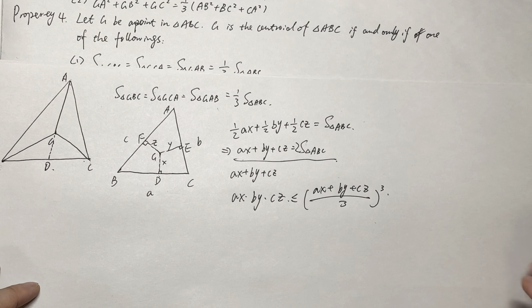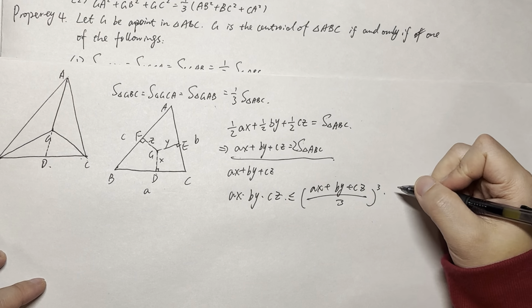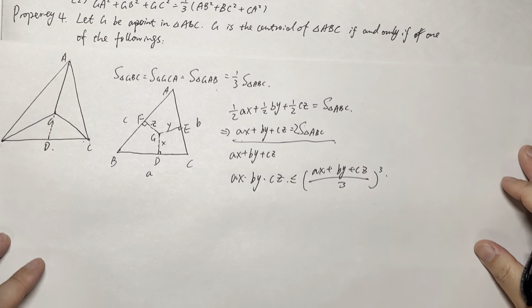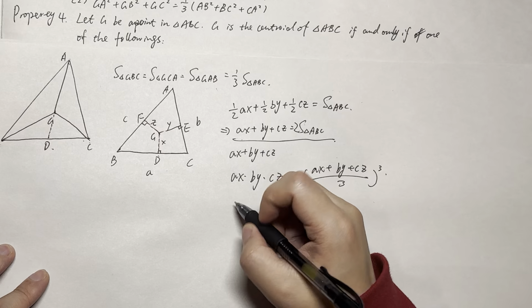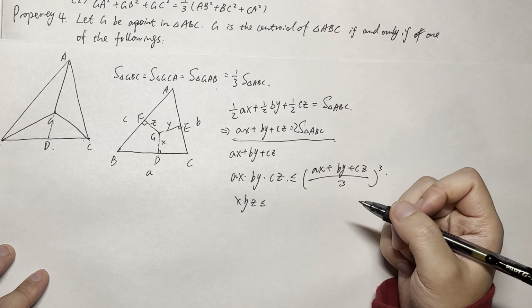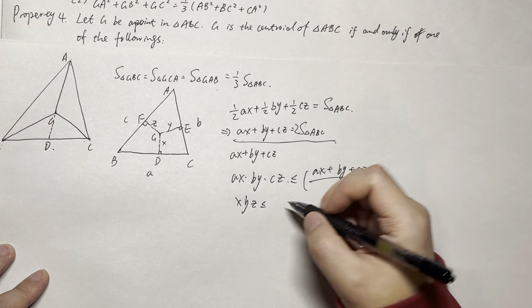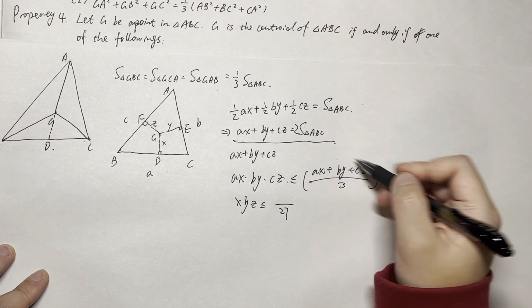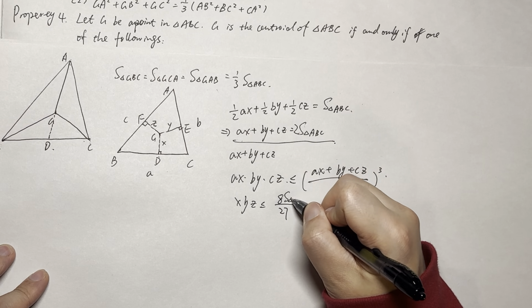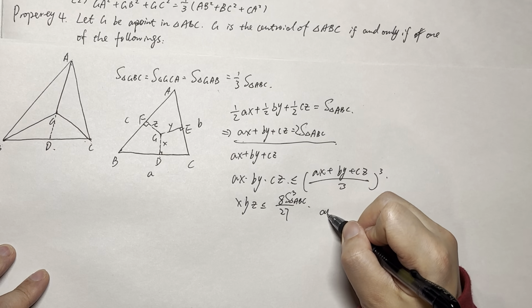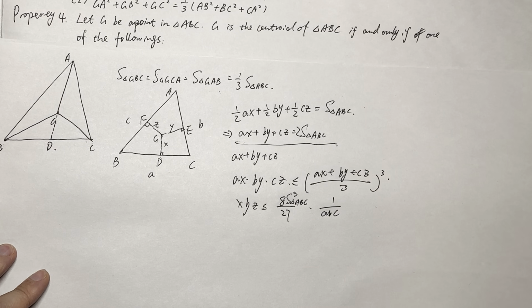That's the inequality we have. So xyz is smaller or equal to this one, times 1 over abc.